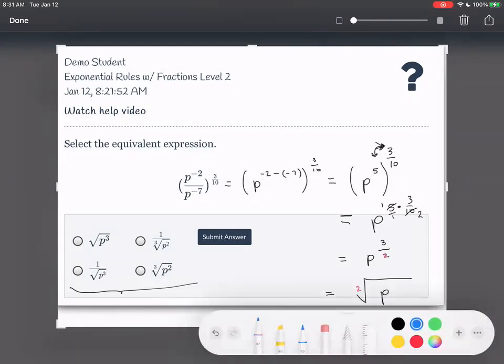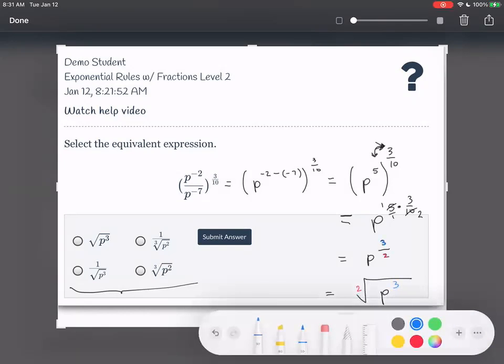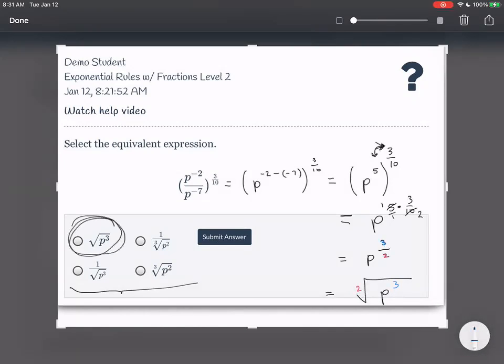And the numerator of our exponent, this 3, just stays as the exponent for p. So we have the square root of p cubed. I know it doesn't have a 2 here, but just the plain old square root is a second root. So we don't always have to write the 2, but it just means it's a square root.